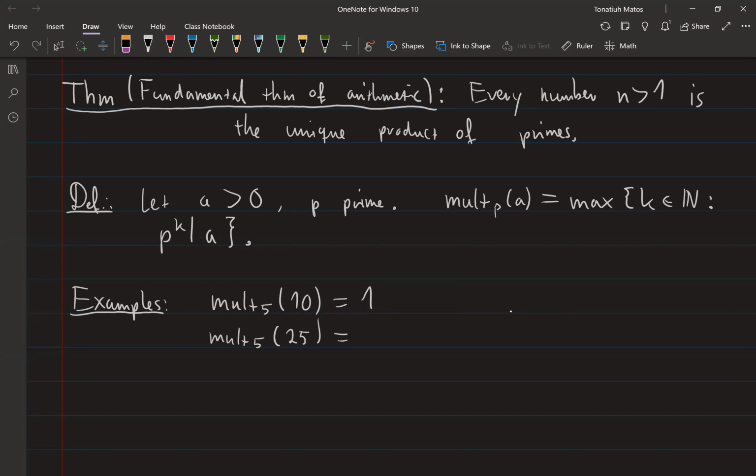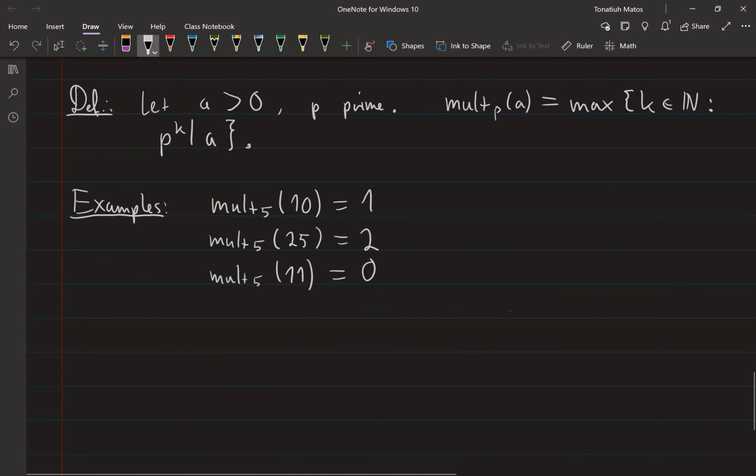Well, 25 is 5 squared, so there's two 5s in there, right? What's the multiplicity of 11 for sub 5? Well, that would be 0, because there is 0 copies of 5 in 11. There's no divisors of 5 in 11, right? Does this definition make sense, more or less?